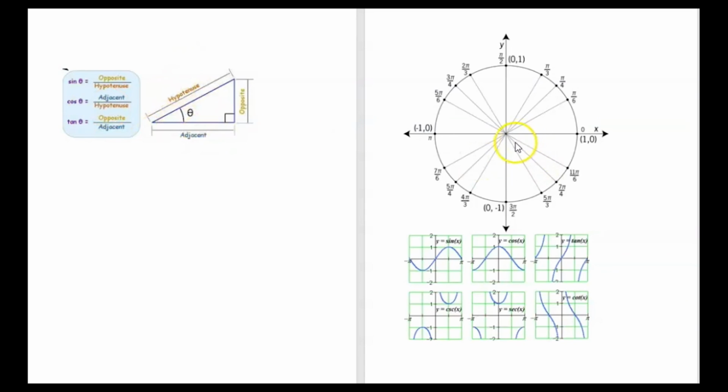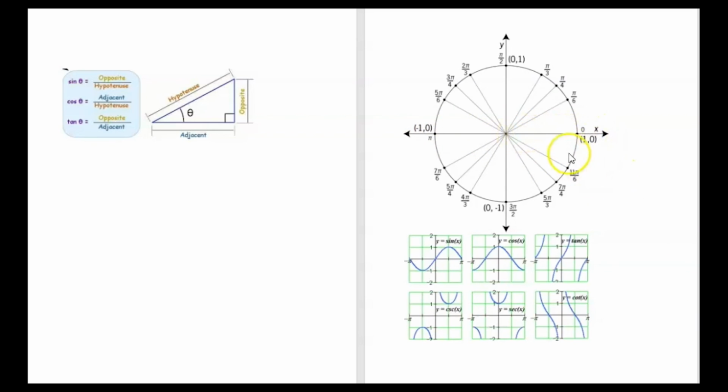As you may look over at this unit circle, you can see as we go around the unit circle counterclockwise, we form these different kinds of triangles that have to do with the horizontal line here.